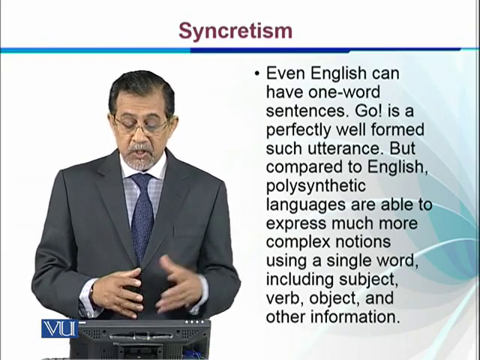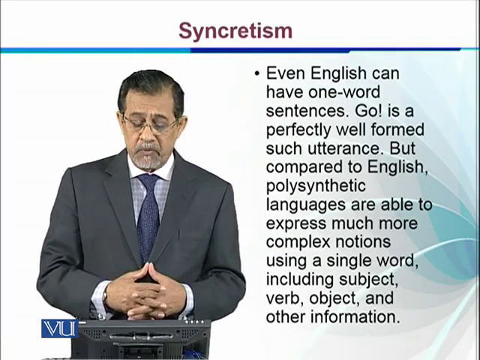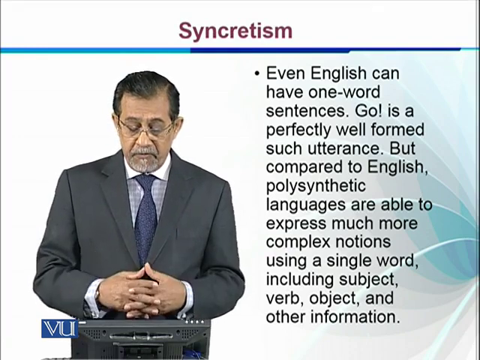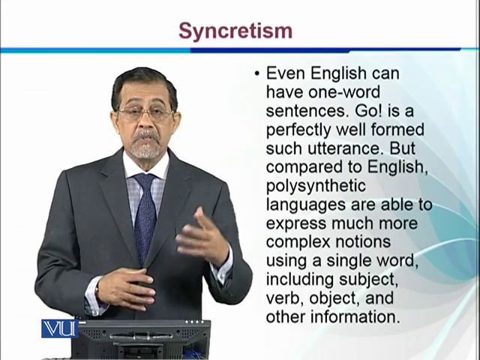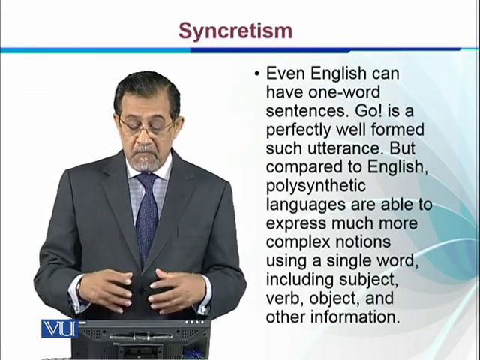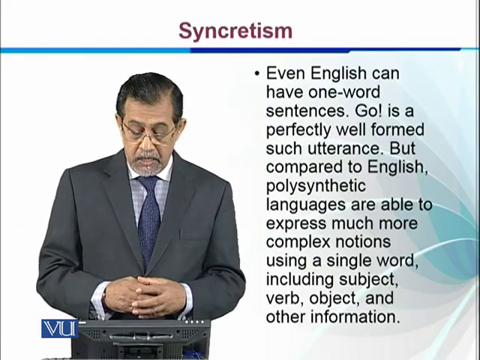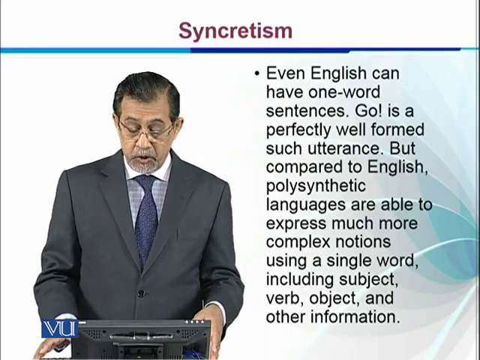So even English can have one word. Obviously, go, stop, these are one word which gives the whole meaning of the sentence. Perfectly well formed such utterances, but compared to English, polysynthetic languages are able to express much more complex notions using a single word, including subject, verb, object, and other information.